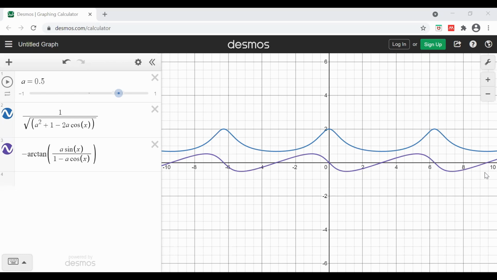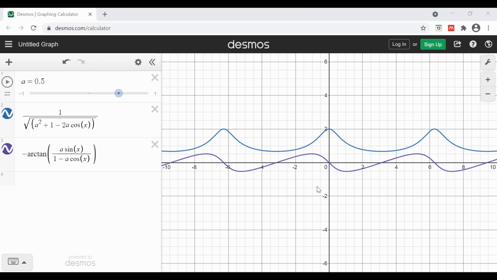The Fourier transform of a discrete time signal is always repeated, or periodic, every 2π, which is around 6 here.